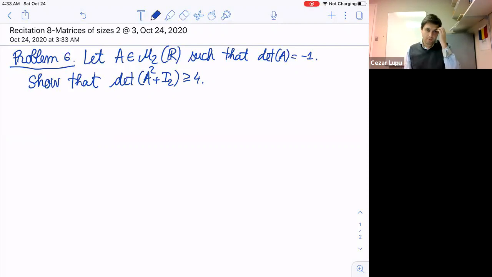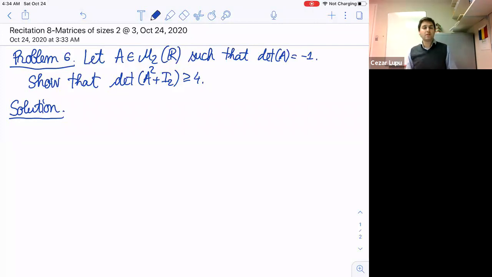When you look at this problem, there are plenty of ways to solve it. You can directly use the spectral theorem if you want. You can say that if lambda1 and lambda2 are the eigenvalues of A, then A squared will have the eigenvalues lambda1 squared and lambda2 squared, and then you know how to express the determinant of A squared plus the identity in terms of the eigenvalues, and you keep going.